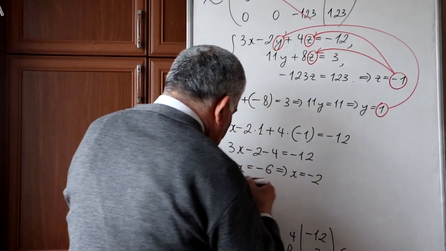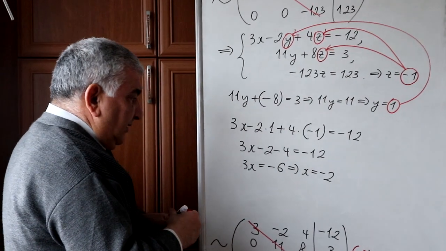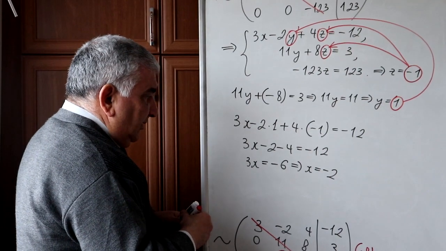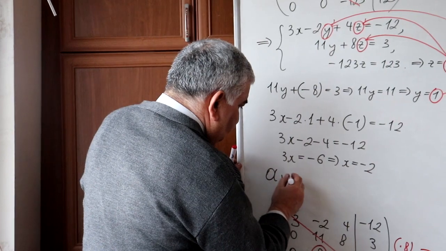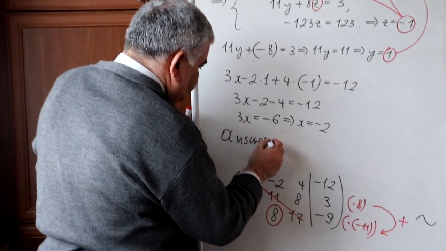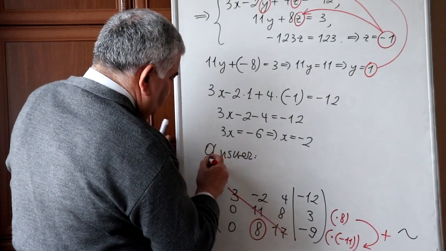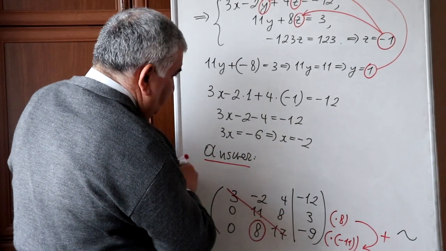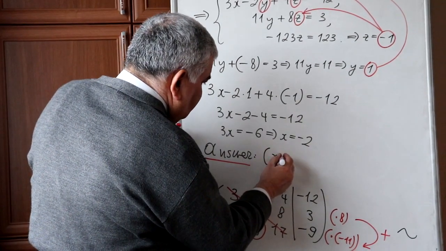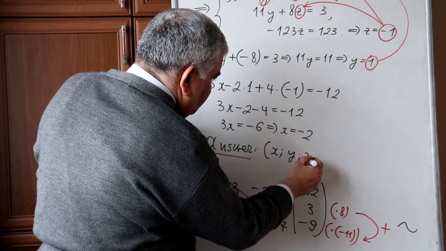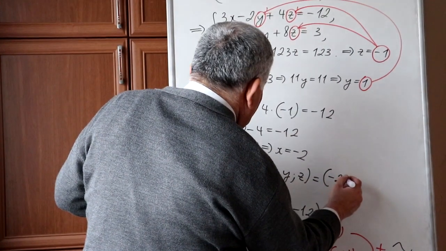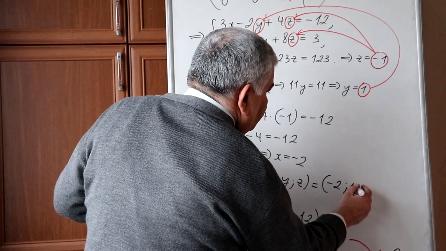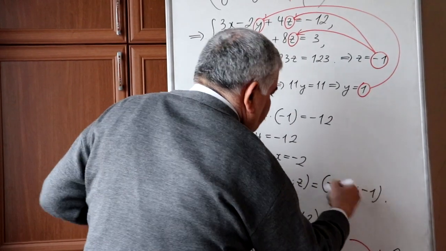Already we obtain the value of x unknown, and therefore we can write the answer. x, y, z equals minus 2, 1, minus 1. It is our answer.